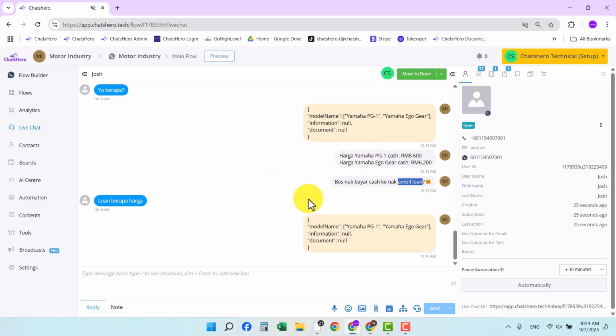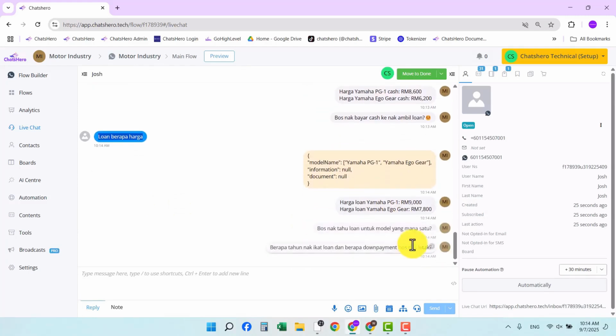So next, the AI will ask if you want to take a loan. Okay, we'll try to understand and tell the customer if it's a loan, this is the price, and then it will ask us which model do you want the loan for, and then it will ask how many years do you want the loan for. Okay, how many years for the loan, and how much do you want for the down payment.